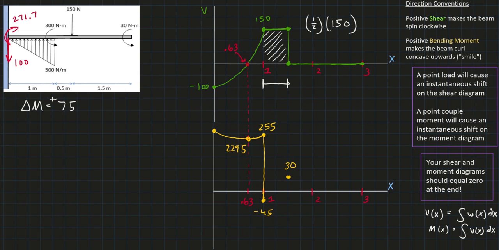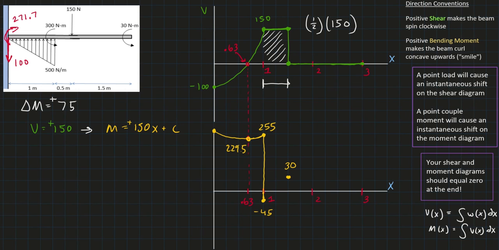Now, we need to figure out what is the curve in between. Well, that equation there is just a constant 150. If I anti-derive that, we're going to get some sort of y is equal to mx plus b looking thing. And since this 150 is positive, my slope's going to be positive.